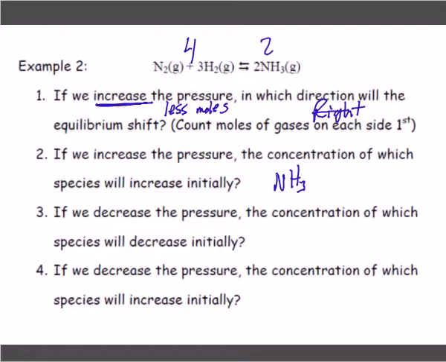If we decrease the pressure, we're going to go to the left, so the concentration of which species will decrease? Same thing, ammonia. If we decrease the pressure, the concentration of which species will increase then? Right, nitrogen and hydrogen.